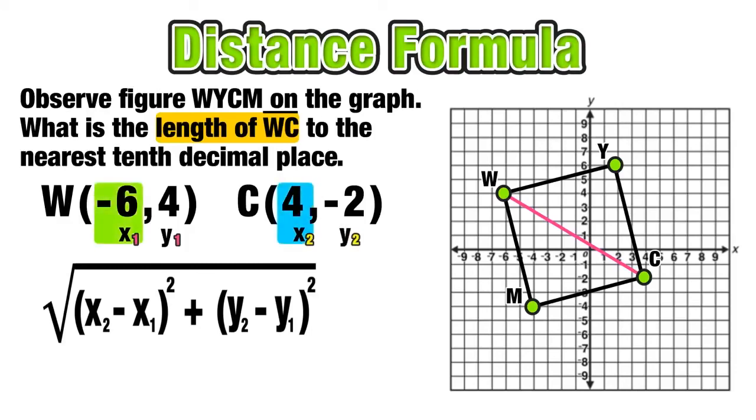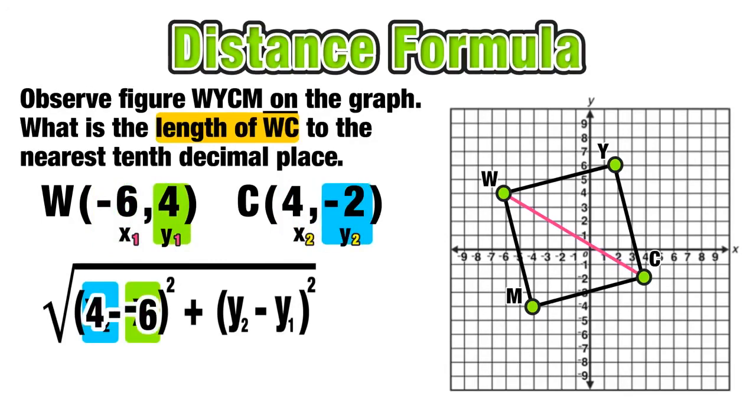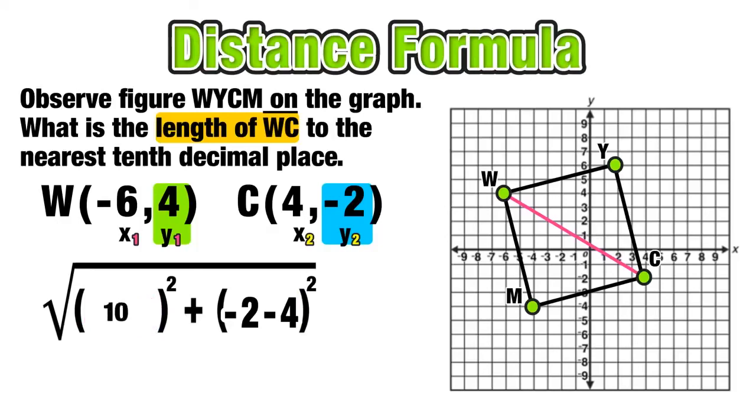In the distance formula, we can now substitute x2 minus x1 is going to be 4 minus negative 6. Then on the right side of the distance formula, y2 minus y1 will be negative 2 minus 4. So now we can continue to evaluate. 4 minus negative 6, the double negative becomes a positive, so 4 plus 6 equals 10.